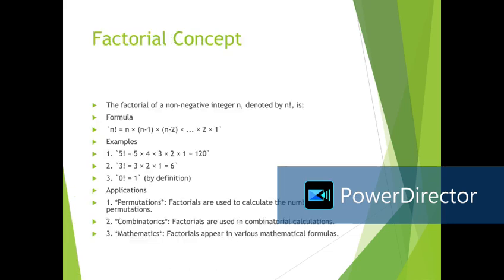Factorial concept. To understand recursion better, let's first review what a factorial is. The factorial of a number n, written n!, is n times n minus 1 times n minus 2, and so on down to 2 times 1. Examples: 5 factorial, 3 factorial, 0 factorial.